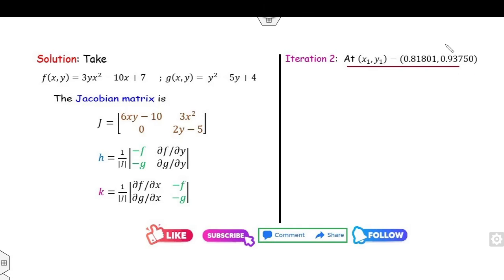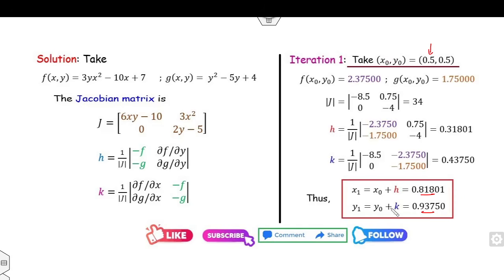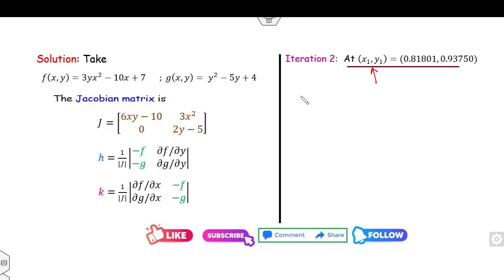I can compute iteration 2. Now in this equation I can consider the values that we have obtained as x1, y1. Again, your target is to compute the value of f at the point x1, y1, and compute the value of g at the point x1, y1. I can substitute the values of x1 and y1 and you will get f and g at this point.